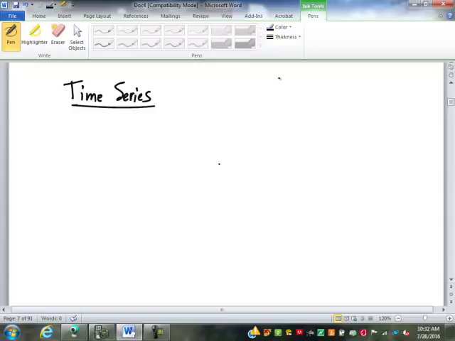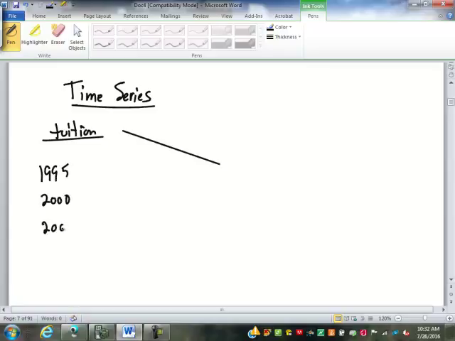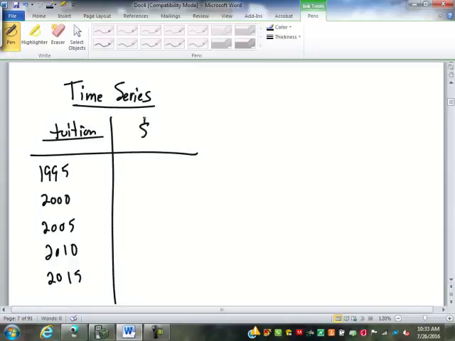So you might look at school tuition. And let's go over 5-year periods. So let's say that in 1995, 2000, 2005, 2010, and 2015. So this is obviously the year. This is going to be the dollar amount.